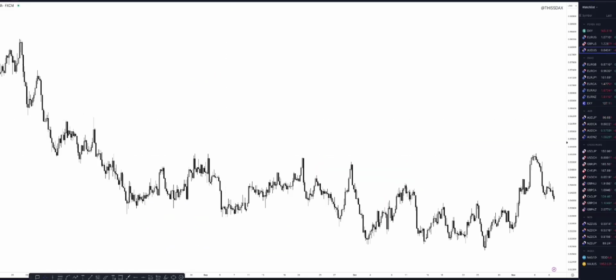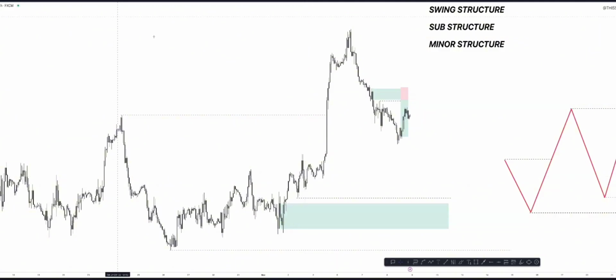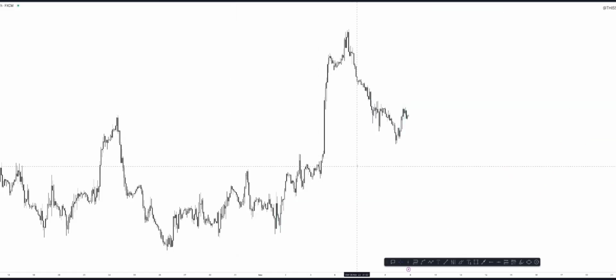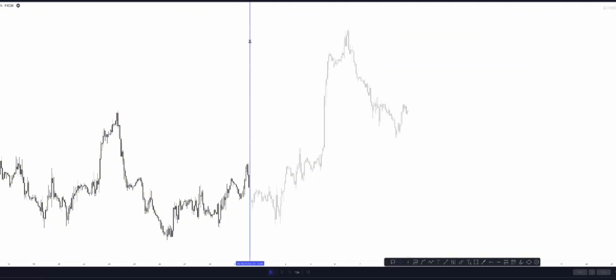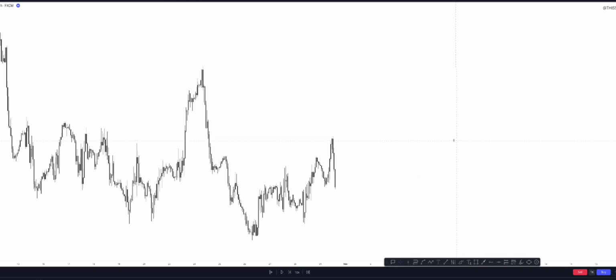On GBP USD, I took a trade last week, which is this full buy here. So let's look at the reason why I took that trade. Let's cut price back. All right, so first thing you want to look out for is a swing structure.